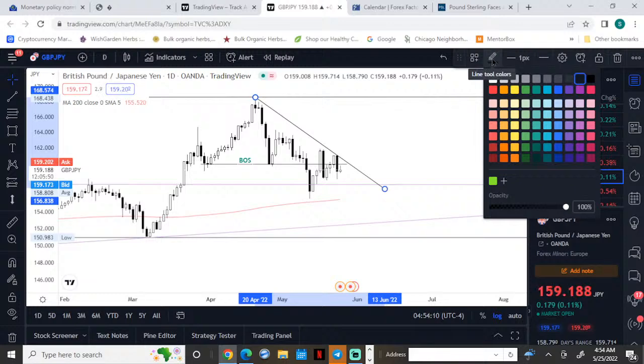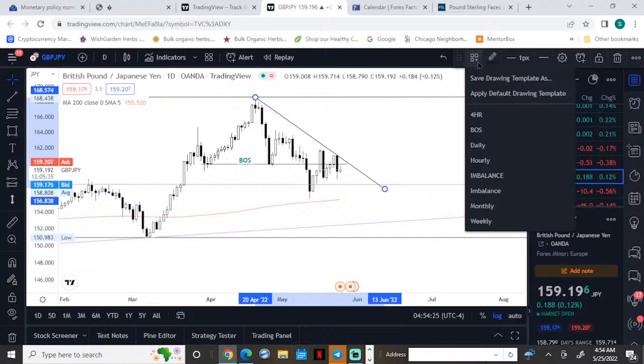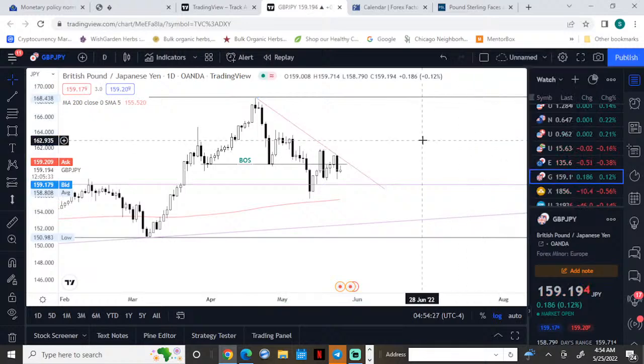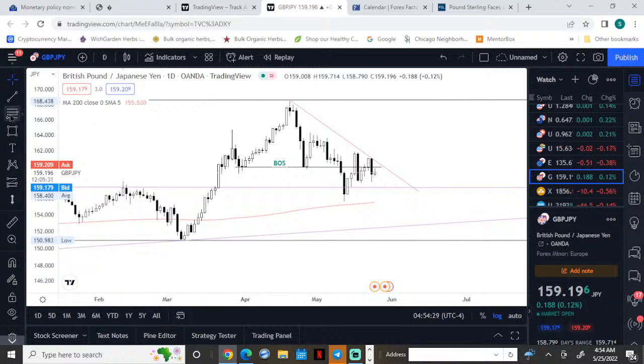So, because we do have that break of structure and this nice pullback, I do have a point A and a point B for my fib. Let me change the color. Daily. Trying to see what's going on with GJ.